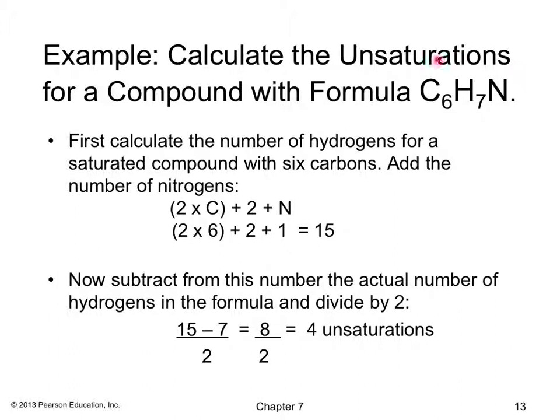If we have an example with a nitrogen, again, you're going to calculate the number of hydrogens for a saturated compound with 6 carbons. So that's here. And then you're going to add the number of nitrogens, which is 1, which would be 15. Then you want to subtract the actual number of hydrogens. This is 7 divided by 2, and so this would be 4.